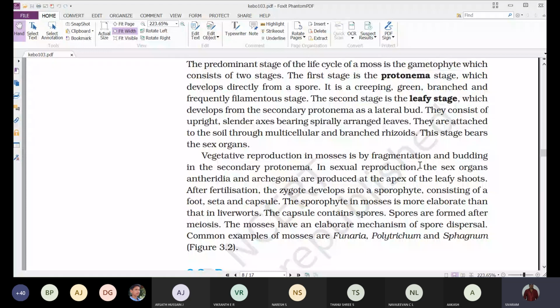At the tip of this leafy stage we'll find the sex organs: the male sex organ, the antheridium, and the female sex organ, the archegonia, developed at the tip of these leafy structures.